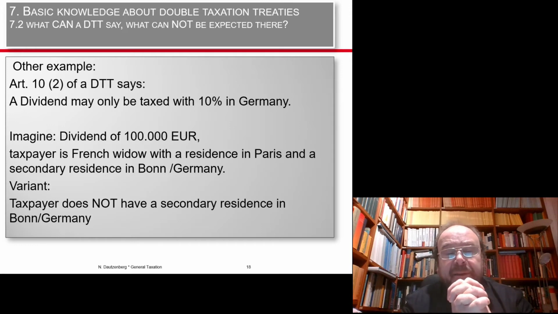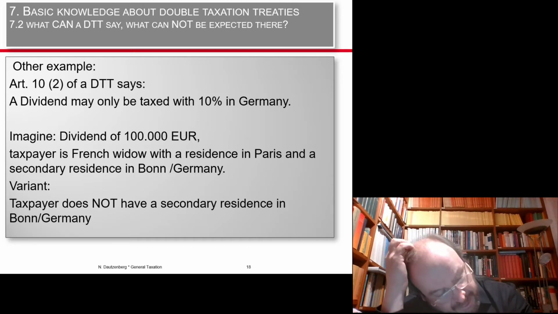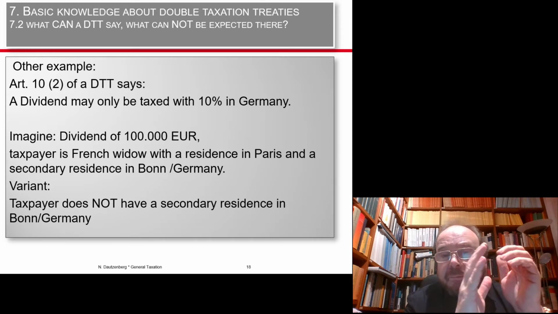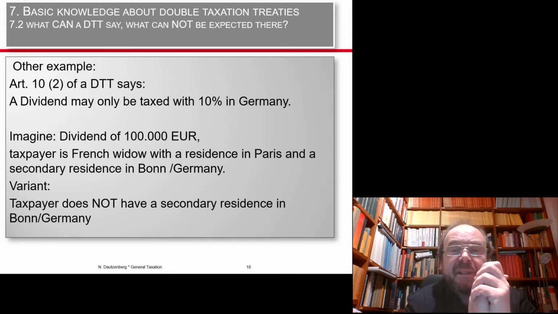In that case, the double taxation treaty could say Germany can, if it wants to, levy a tax of up to 10%. Now, somebody with a secondary residence in Germany would be subjected to unlimited tax liability.